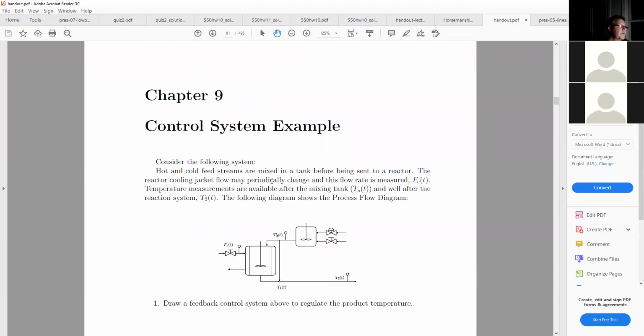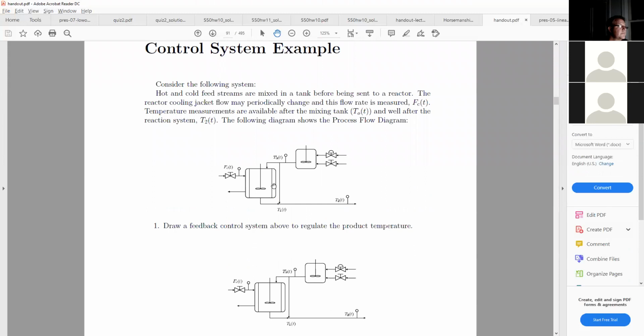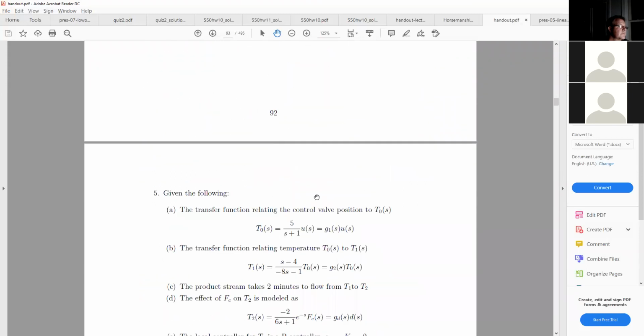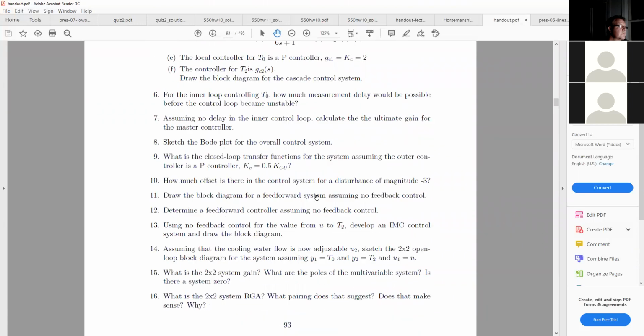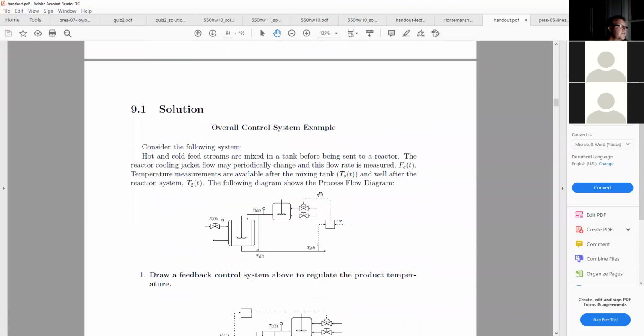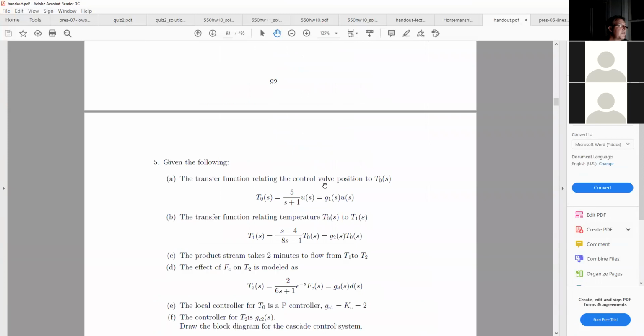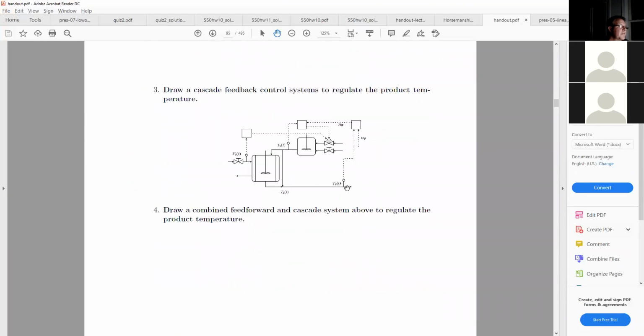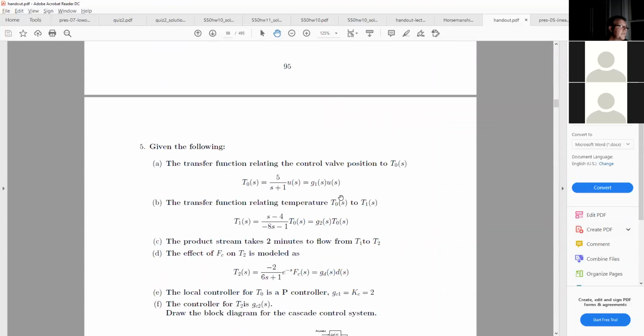Let's see. So this is more review for the midterm: drawing control loops, transfer functions. I don't think there's a mass and energy balance in there.